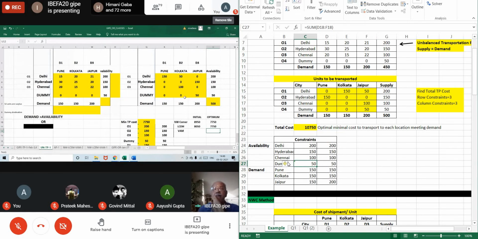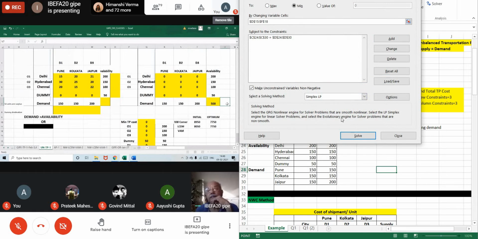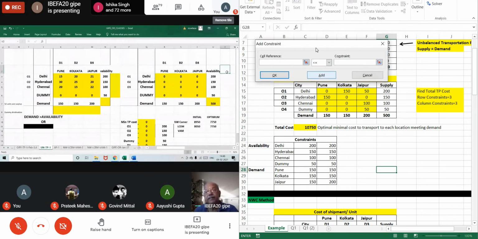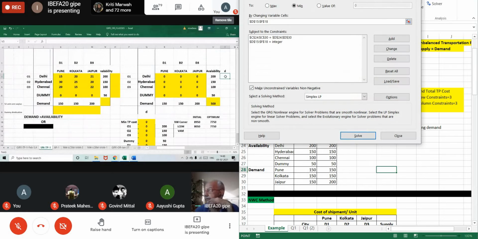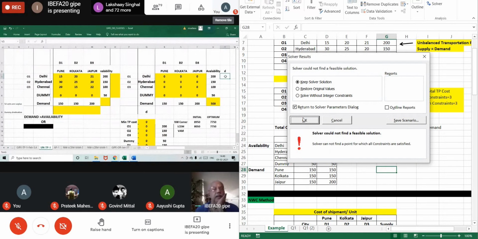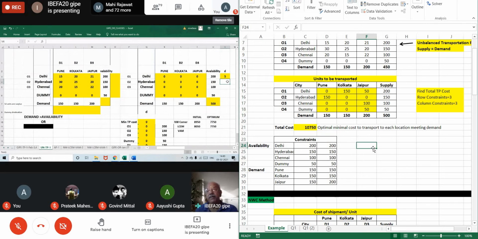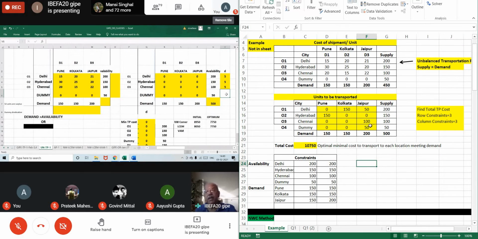Next, VAM. And for VAM we always talk about differences. So 15, 20, difference 5. 20, 25, difference 5. 15, 20, difference 5. 0, 0, difference 0.